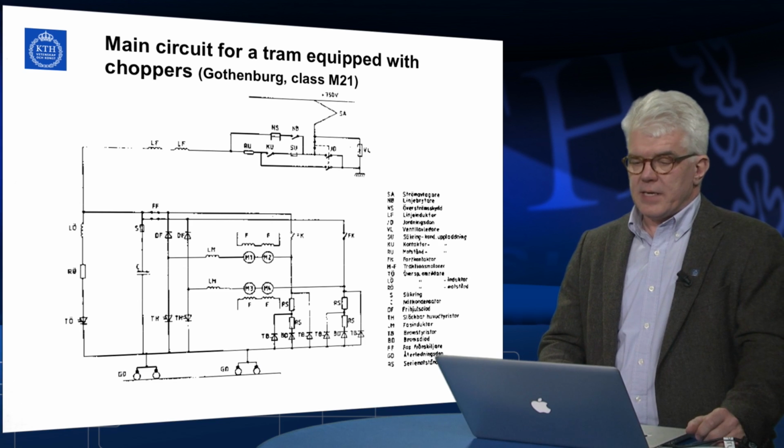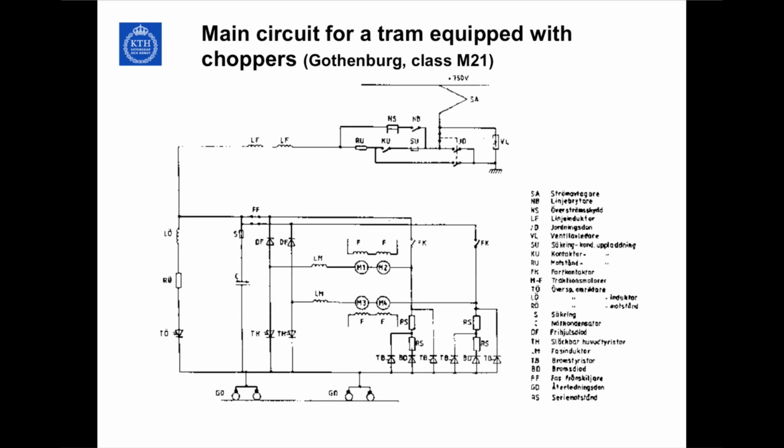This shows the main circuit of a tram equipped with DC motors and choppers, or these DC-DC converters. You can recognize the motors here, the field windings. You have the inductances here. You have the step up converters, the step down converters. We have the thyristors and the diodes here.